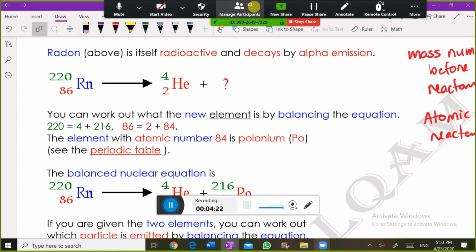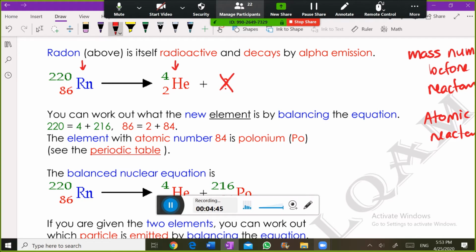Here we are given radon gas. This radon gas emits a helium or alpha particle. As a result of this radiation, guys, here we have an unknown element. Let's say it's X. I can predict the atomic number and the mass number of this element.